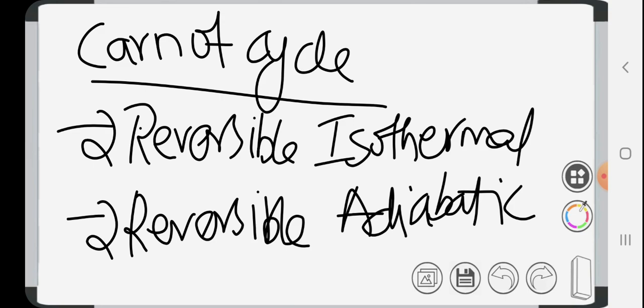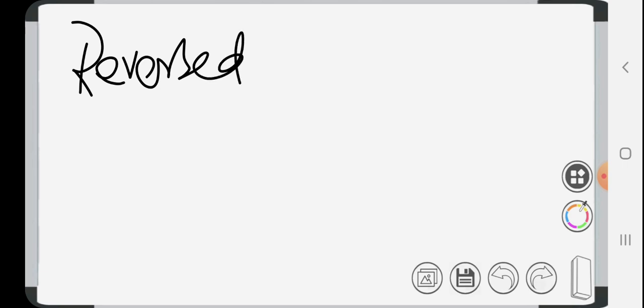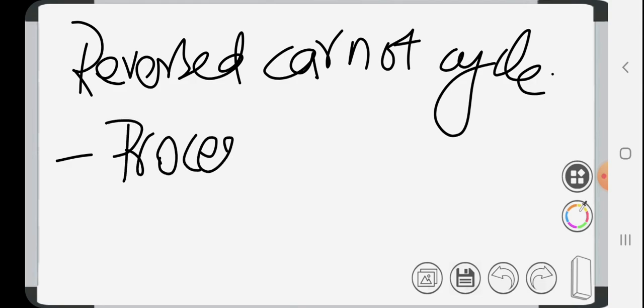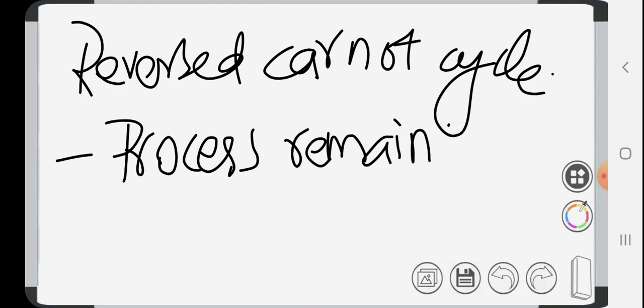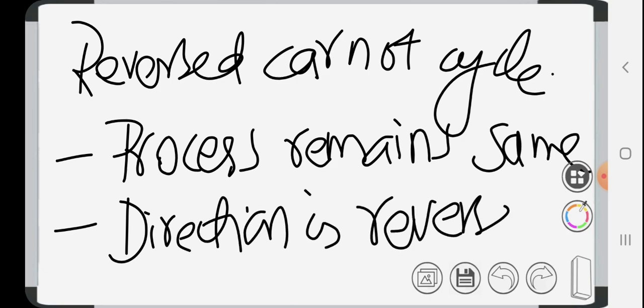So in case of the reversed Carnot cycle also, the processes remain the same but the direction is reversed. So that is the difference between Carnot and reversed Carnot cycle.